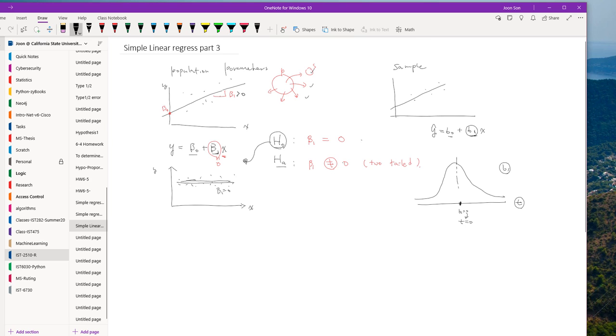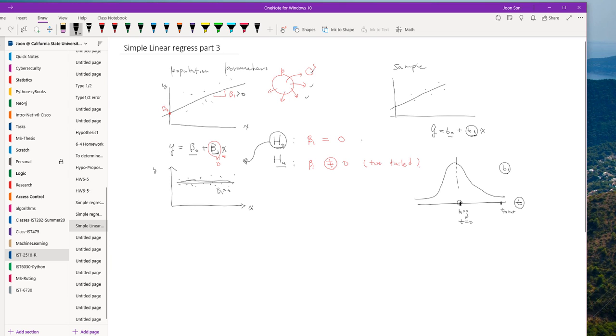Then we find the t statistic. If the t stat value is really far away from the mean, that means what? That's strong evidence against the null hypothesis.